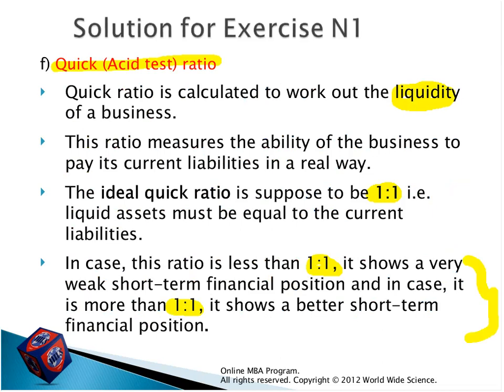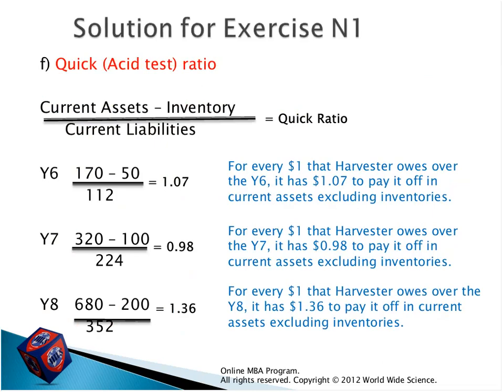Let's see the calculations of the quick ratio. You remember the formula? You have to deduct your inventory from the current assets and divide by the current liabilities. Then you can find the quick ratio. Sometimes we can also deduct prepaid expenses if you have them in your statements. If you don't have it, you just ignore it and deduct inventory only. So after calculations, we have got some results.